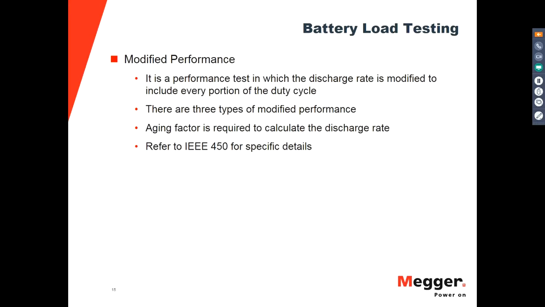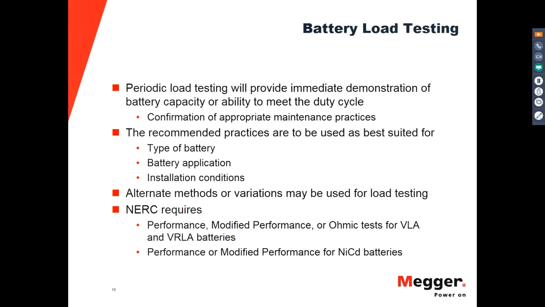This test is a little bit more complicated than the other ones, and you need to include aging factors in the calculation of the discharge rate. I suggest that you refer to IEEE 450 for specific details. There are 3 types of modified performance tests. We are not covering this one here. We'll need more time for this.